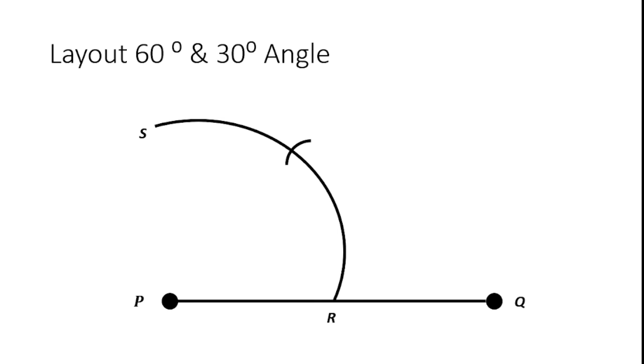After that, with R as the center and PR as the radius, I make an arc on the RS curve. Here I get the intersection point U. Now I draw the line from P to the U point. From this I get the angular line. Now you see UPQ is available, so the angle UPQ is 60 degrees. Likewise, we can make the 60 degree line with the line segment.